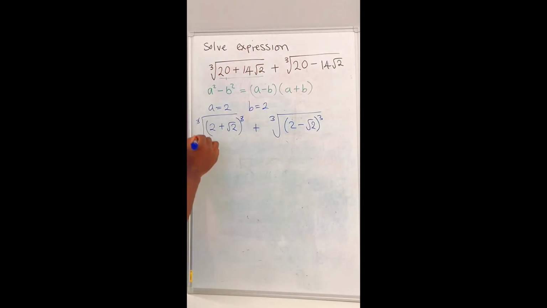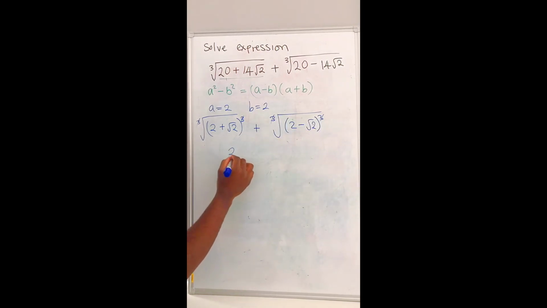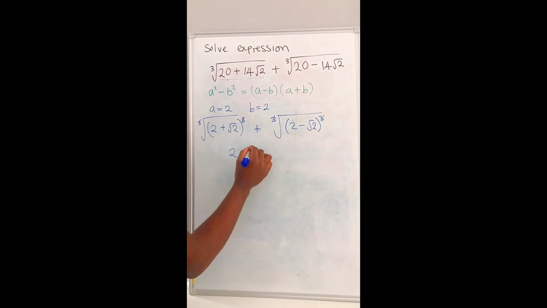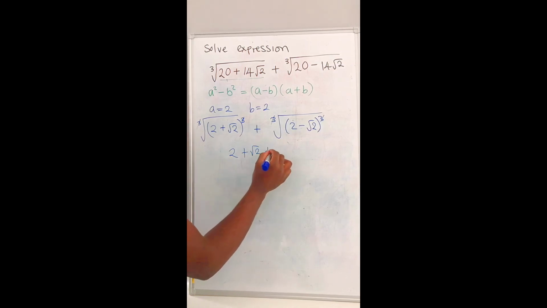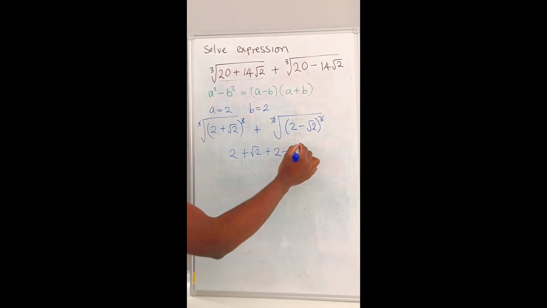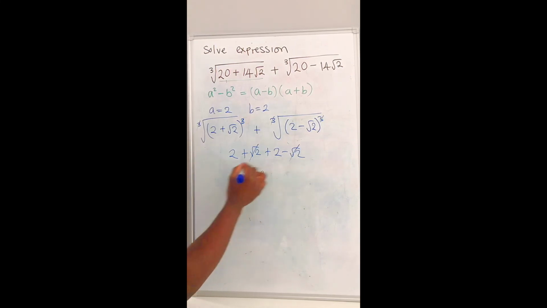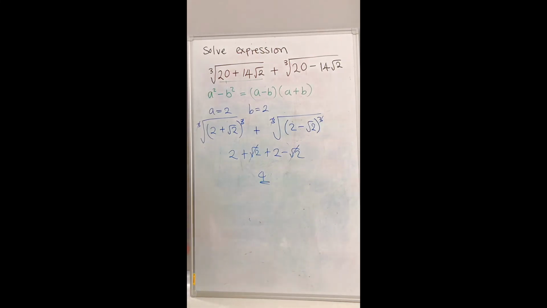This and this will cancel, this and this will cancel. You remain with an expression of 2 plus root of 2 plus 2 minus root of 2. This and this will cancel. You end up with 4, 2 plus 2. That's all.